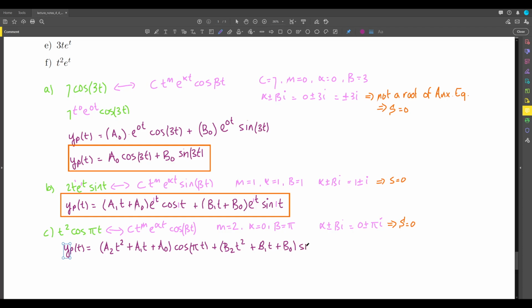And then we have sine of pi times t. And again, because alpha is 0, our answer does not have e to the power in it. And that's our final answer. That's our form of the particular solution to part C.